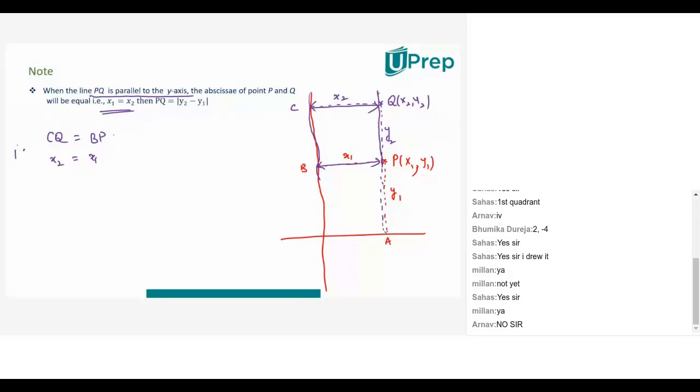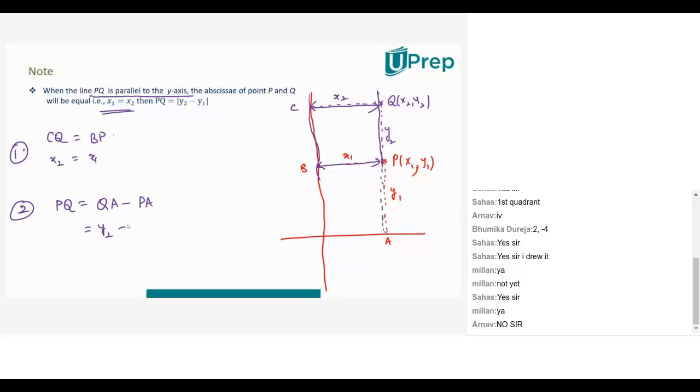Now, the second point is I need length PQ. Look at the diagram. Can I write PQ as QA minus PA? But what is QA? That is the height of the point Q. That means it is y2, minus what is PA?